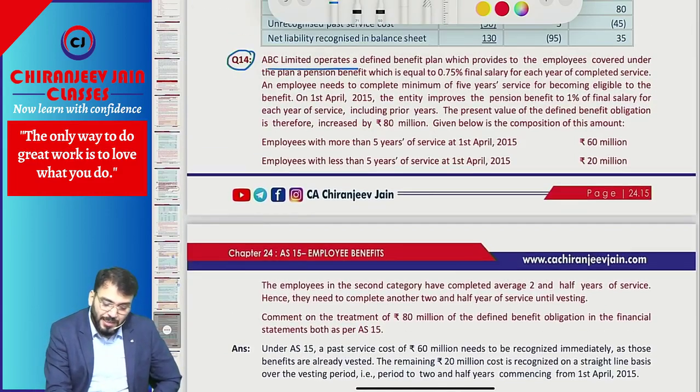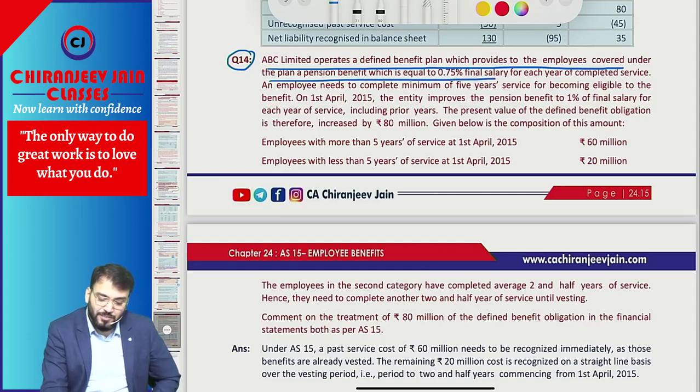ABC Limited operates a defined benefit plan which provides to the employees covered under the plan a pension benefit equal to 0.75% of final salary for each completed year of service. An employee needs to complete a minimum of 5 years of service to become eligible for the benefit.